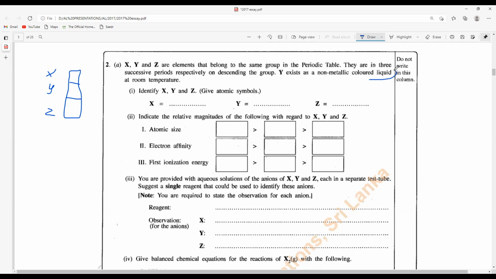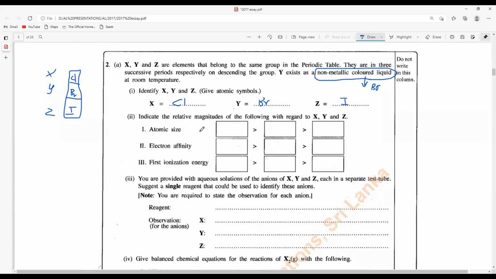You know, typically the non-metallic colored liquid belongs to group 7, and it is bromine. So this should be chlorine, and this should be iodine. So X is chlorine, Y is bromine, and Z is iodine, right?